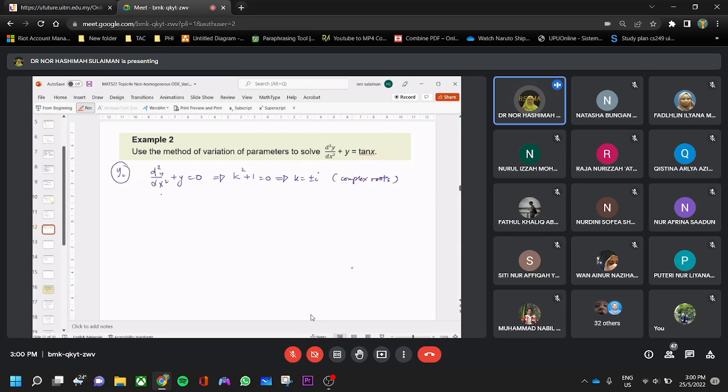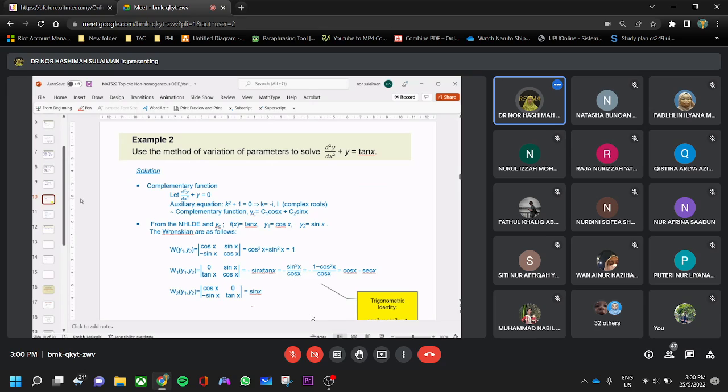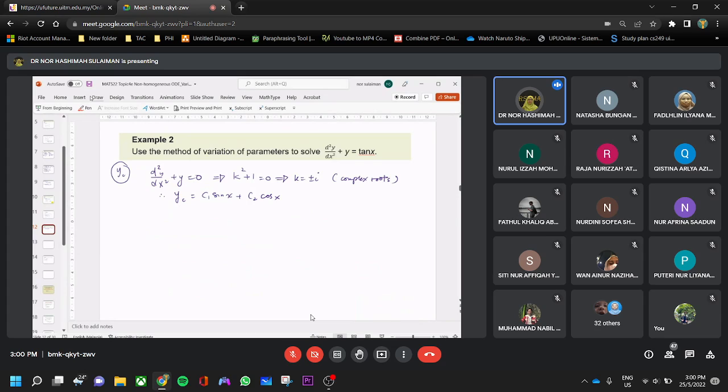Okay, so therefore yc happens to be C1 sin x plus C2 cos x, ataupun you may want to write it the other way round pun boleh, tak ada masalah. Kalau kat sini guna apa, cos dulu. Okey lah, kita guna cos dulu lah supaya boleh samakan dengan yang sedang work out tadi tu.